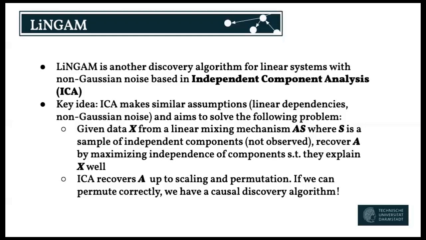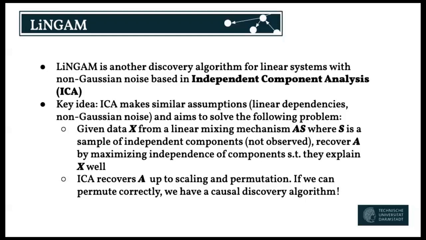You have to focus, but what you get is a mixture basically of signals. And what you want to try to do is to revert this process, find the unmixing matrix basically, or the mixing matrix by inverting this process, such that you can reconstruct the independent signals again. And it can be shown that ICA recovers this matrix up to scaling and permutation.